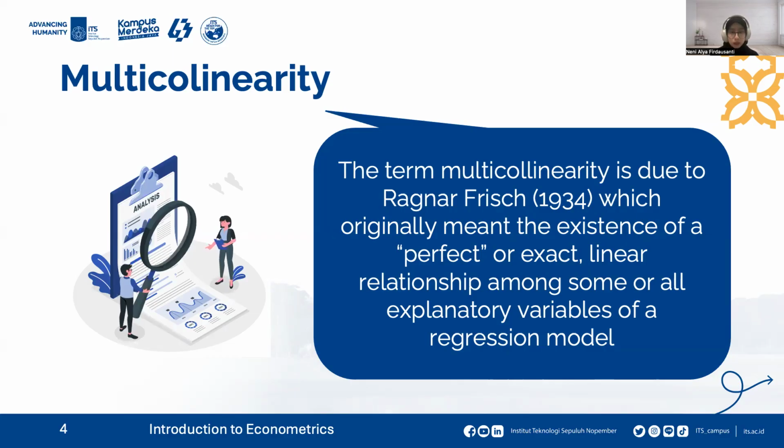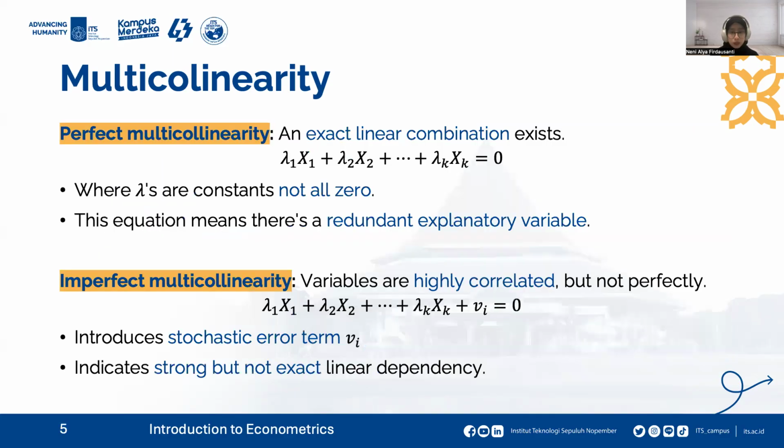So there are 2 types of multicollinearity, the extreme cases. We have perfect multicollinearity, and the other one is imperfect multicollinearity. Perfect multicollinearity means that there is an exact linear combination in our regression.